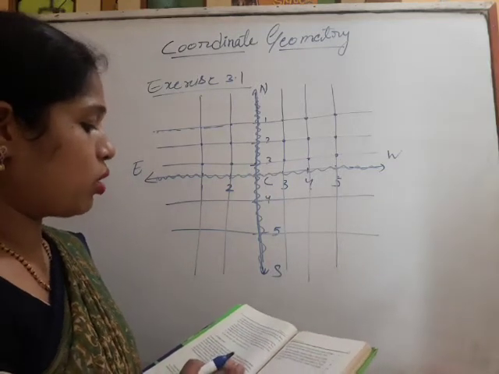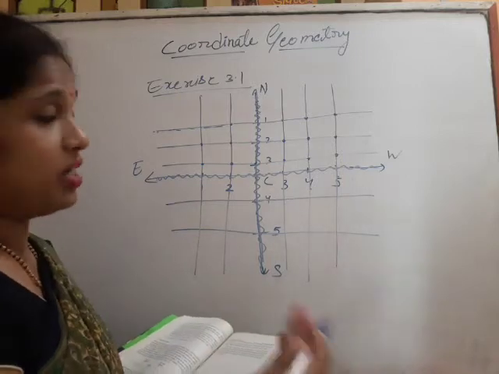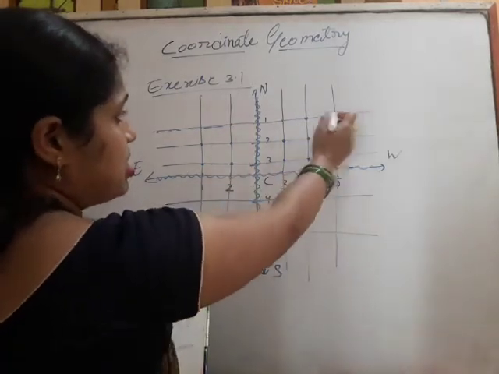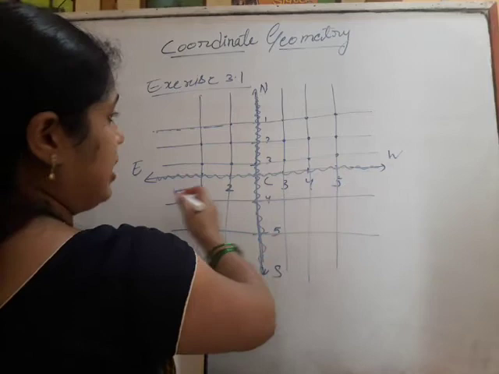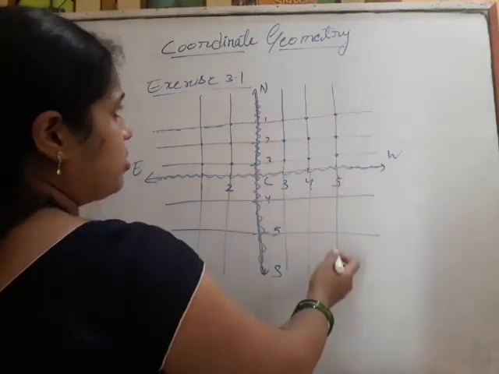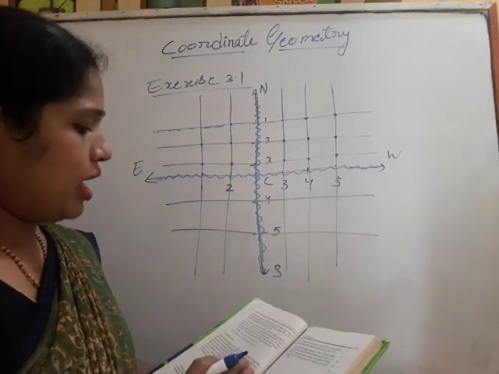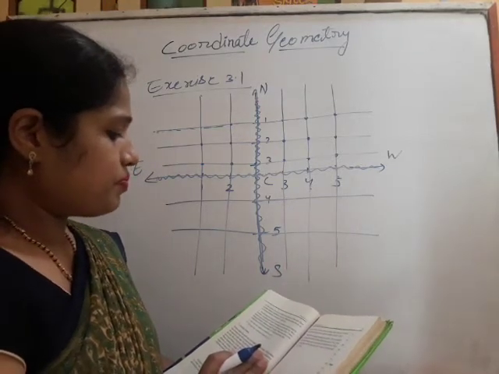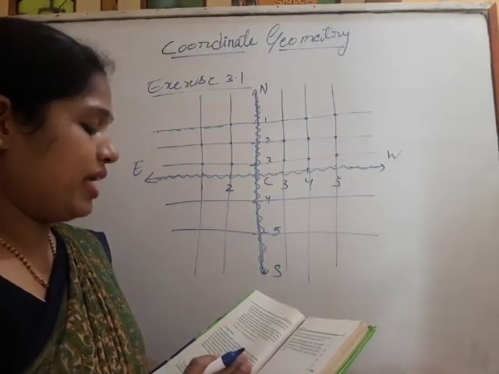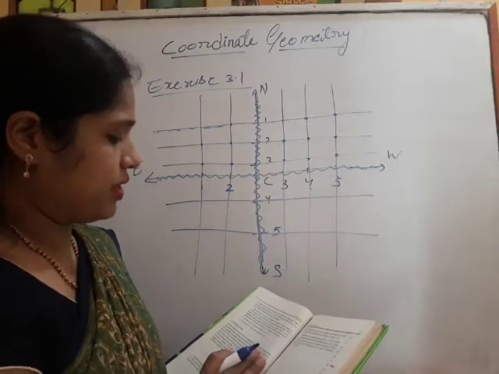A particular cross street is made by two streets: one running parallel to the east-west direction and one parallel to the north-south direction.